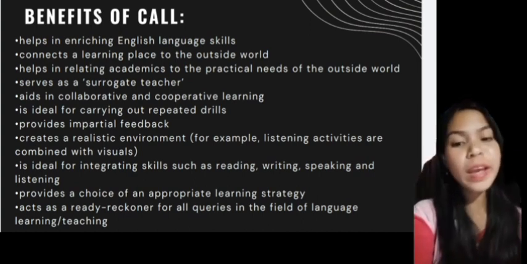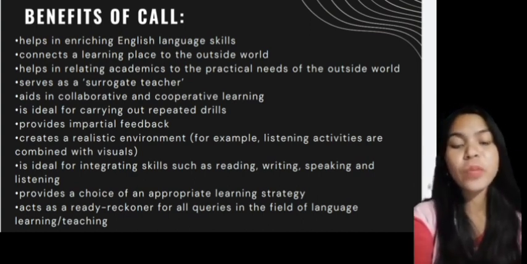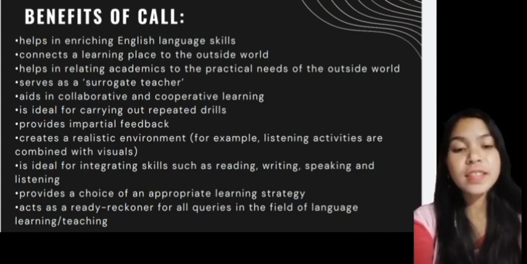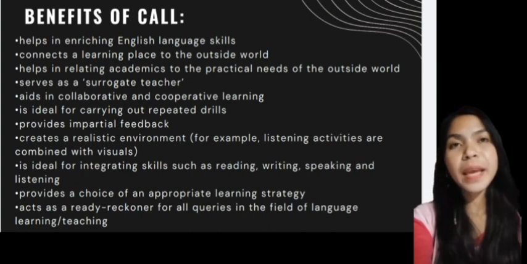Okay, the next one, it creates a realistic environment. For example, listening activities are combined with visuals. Next is ideal for integrating skills such as reading, writing, speaking, and listening.